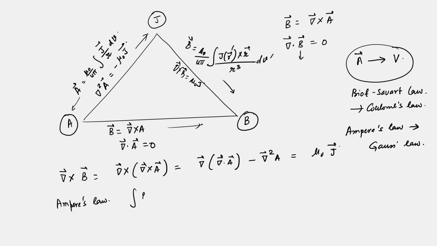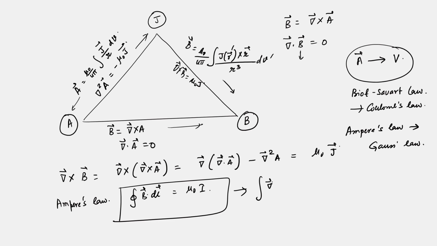Which tells you that the closed integral of B dot dl is equal to mu 0 I, and this I is the magnitude. So, this is Ampere's law, and then if we use Stokes' theorem, it becomes the integral of curl of B dot dS, and I can be converted to the integral of J dot dS and so on. So, that is a surface current, and so you can take curl of B minus mu 0 J. So, let me just do it.